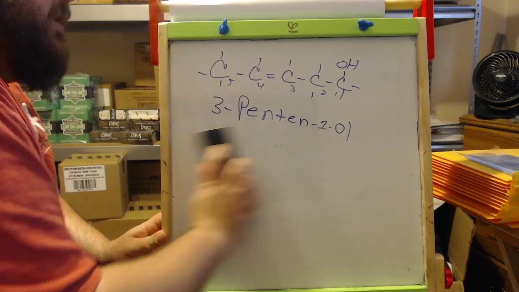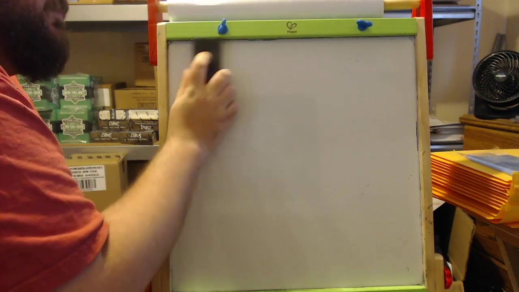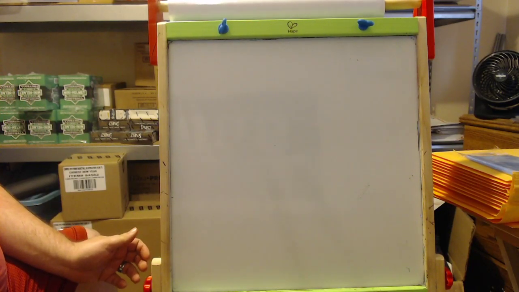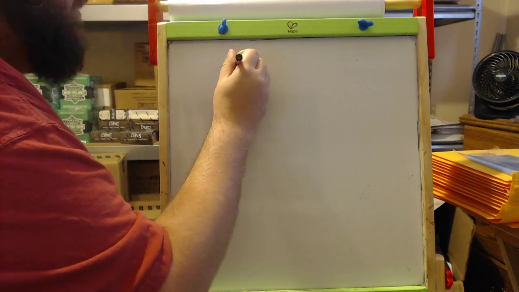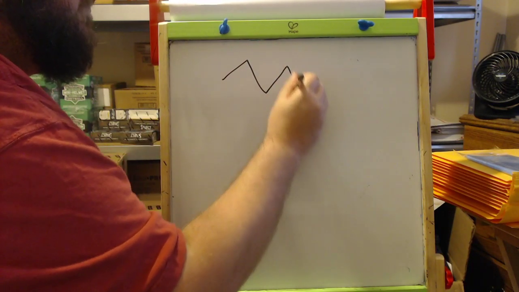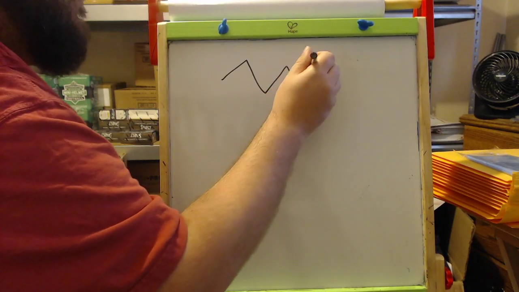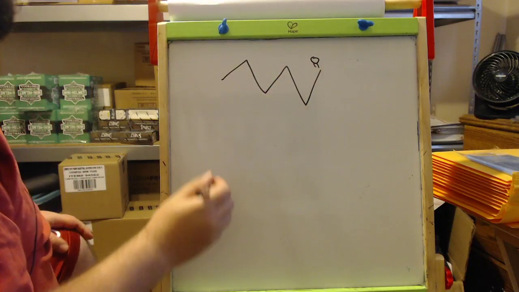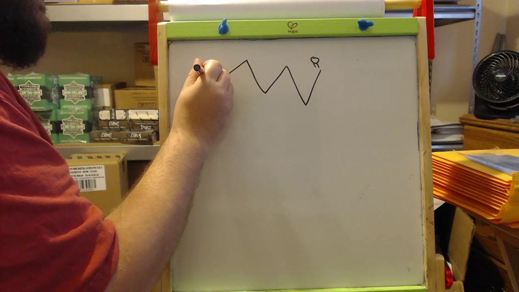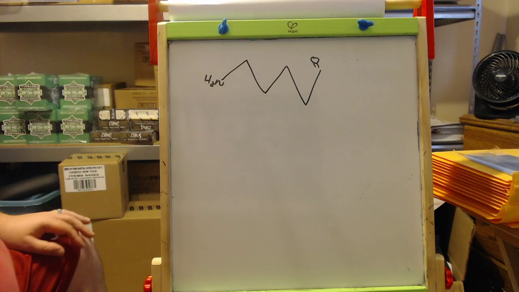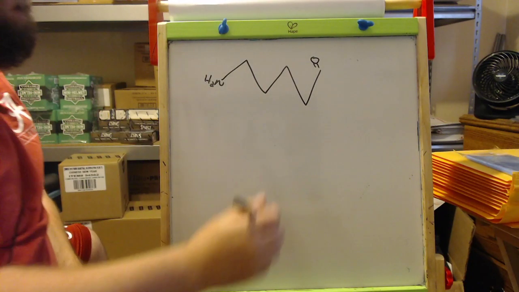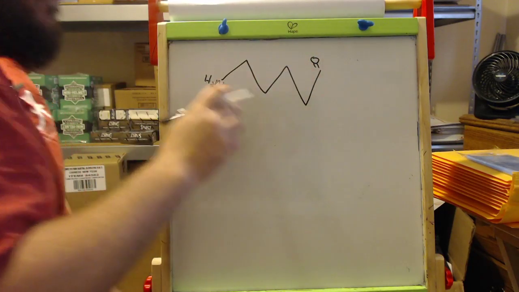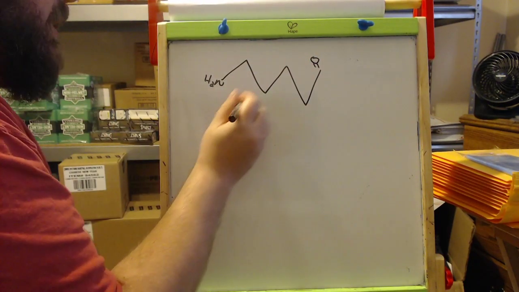Let's look at another example. On this end I have a double bonded O, and on this end I have an NH2. If you don't see it this way, try drawing it out the long way.